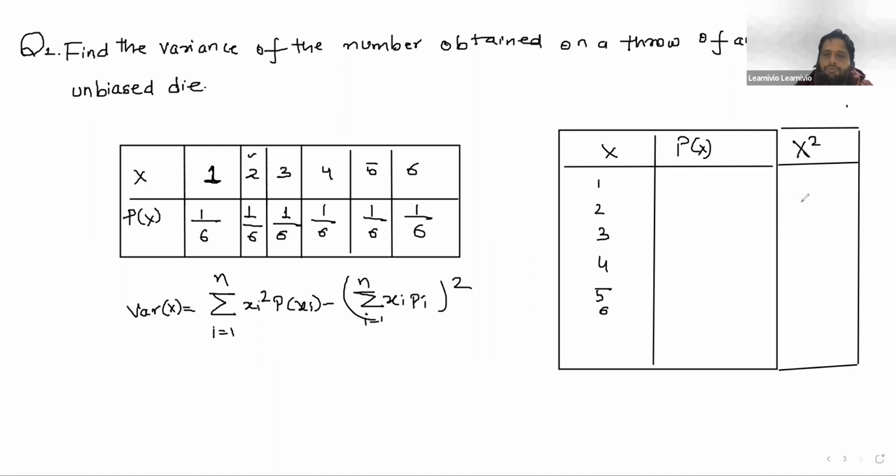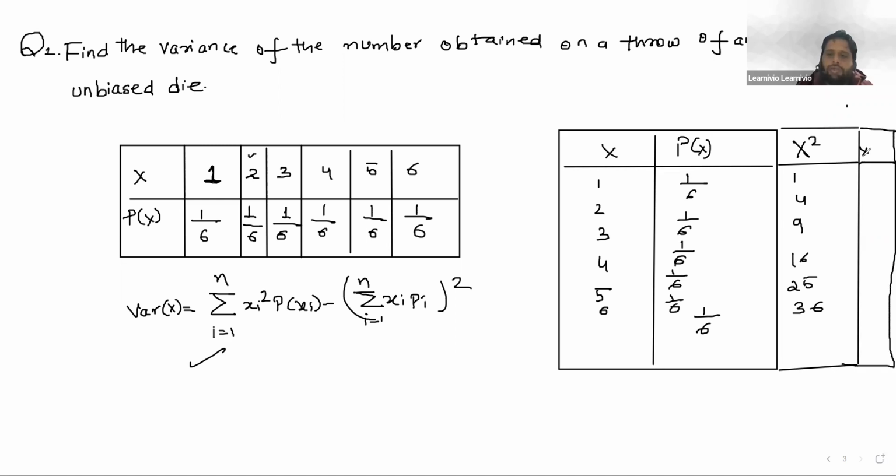So this will be 1, 4, 9, 16, 25, 36. Now for the variance, you need to multiply this with the probability. So the probability is 1 by 6 for each. You need to multiply these two.